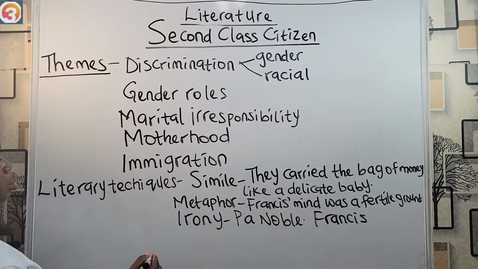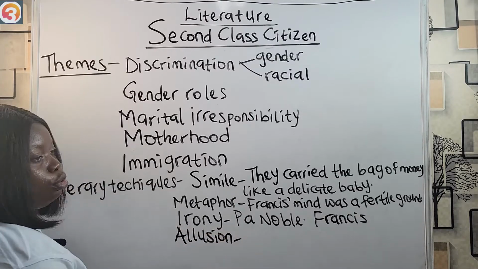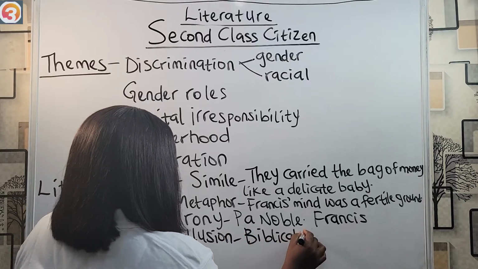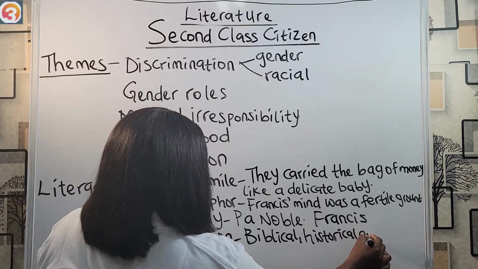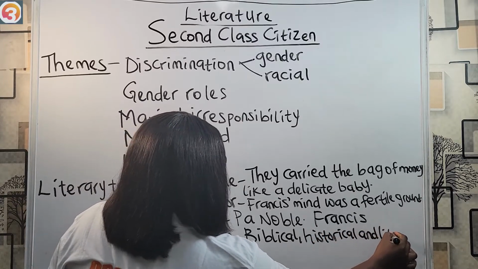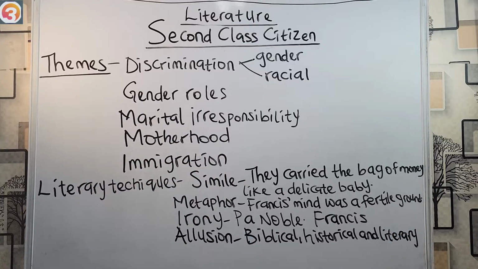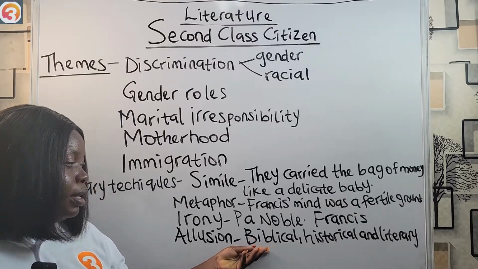Then that brings us also to allusion, both biblical, historical, and literary. We see it play out in the book Second Class Citizen. Biblical allusion: they were Christians, so lots of biblical allusions.